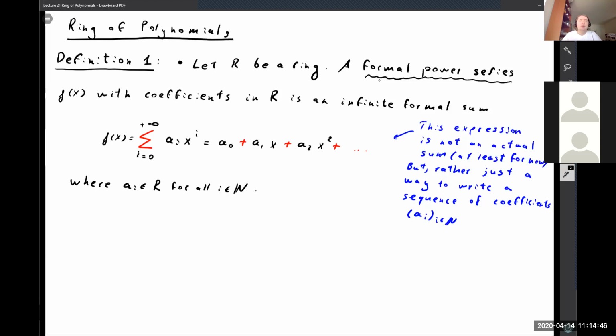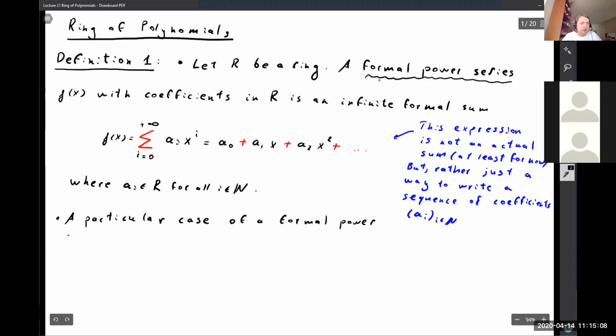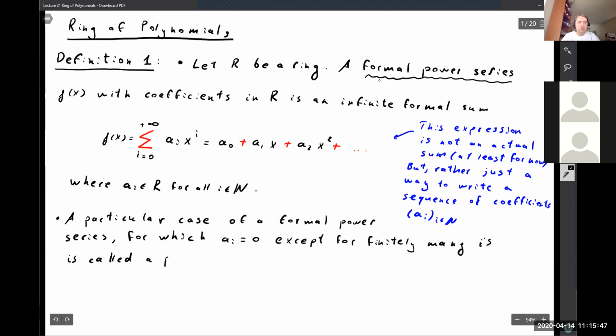Okay. Now, a particular case of the formal power series, for which almost all coefficients are 0 except for finitely many i's, is called a polynomial.